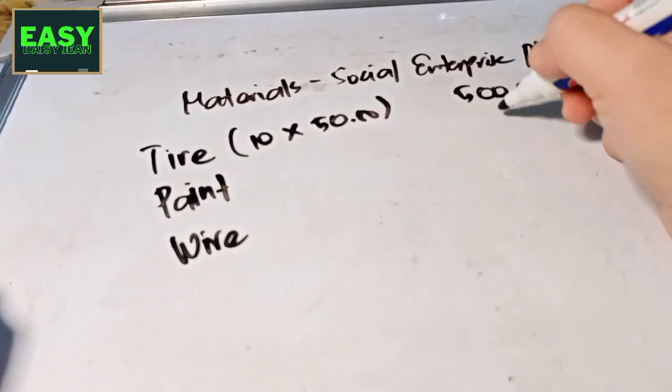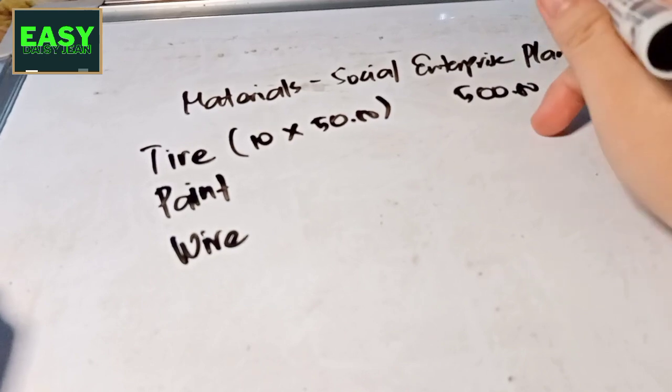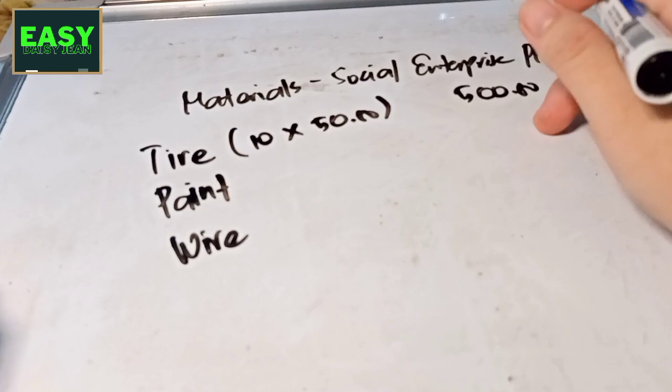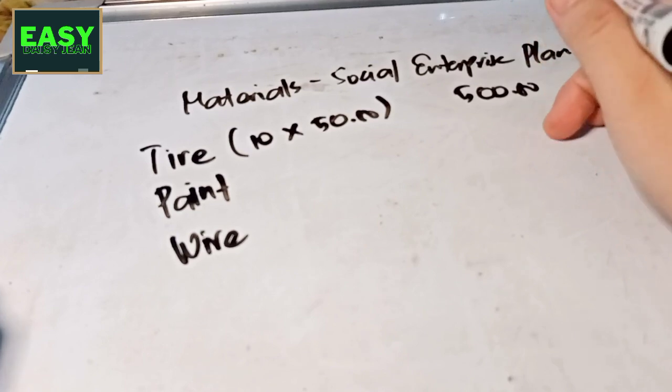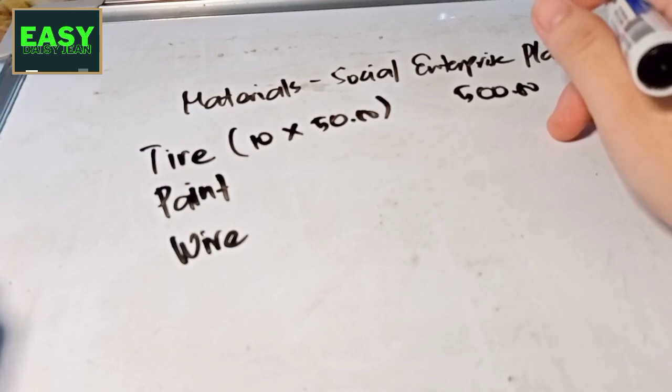And then paint, let us assume, but please, in this example I am assuming the prices, but in your social enterprise plan, try to look for the exact prices of the materials you are to use for your activity.